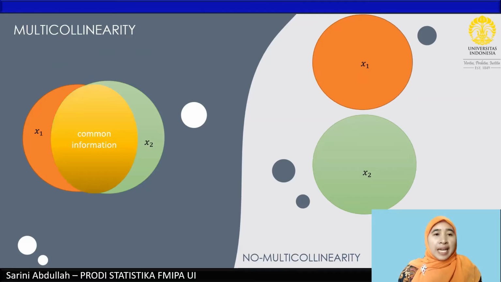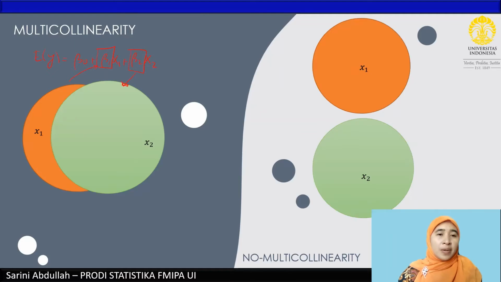So in the case of multicollinearity, as we said before, there is a strong correlation between x1 and x2. The correlation is big in absolute value. It means that they share common information between these two variables.